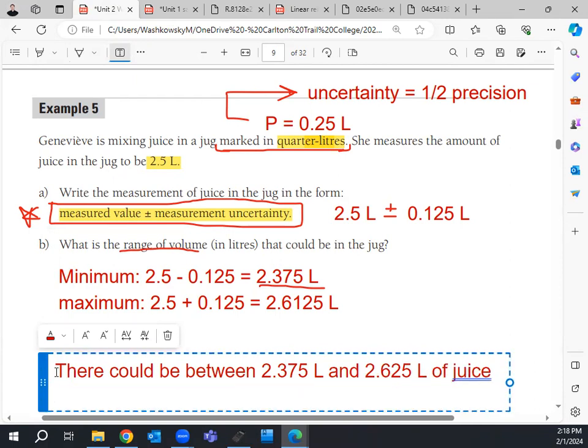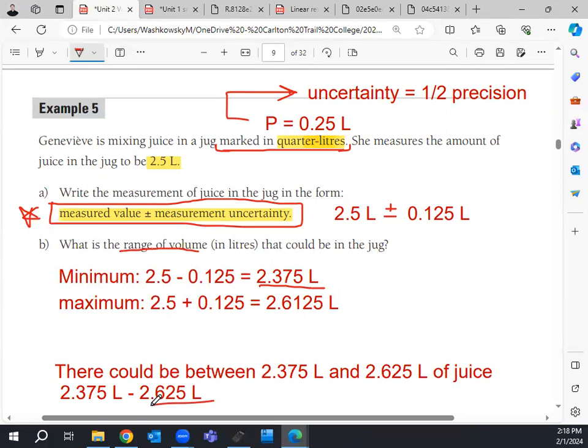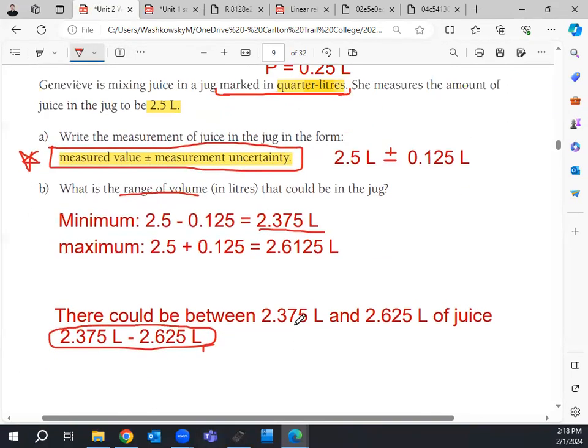Now, no one ever likes writing out a full sentence answer. What most people would do is they just put 2.375 liters to 2.625 liters. So most people are just going to do that. So you're looking at a range of values.